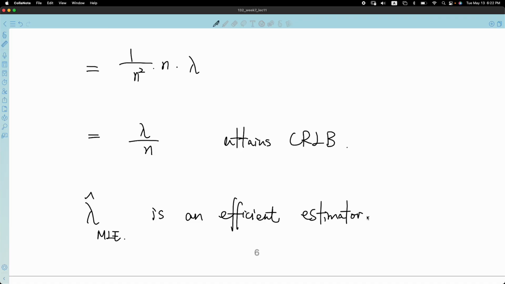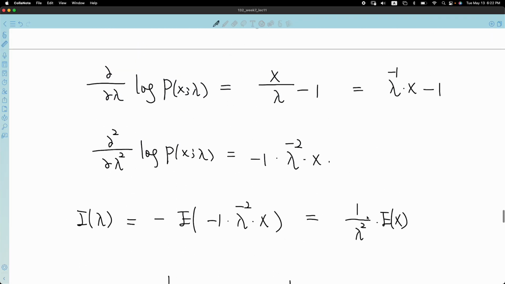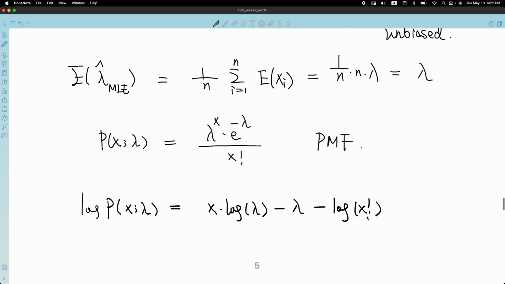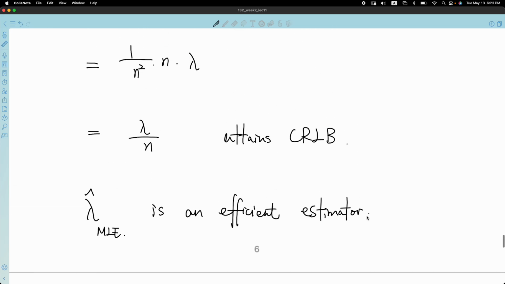An estimator needs to be unbiased first before you discuss whether it's efficient or not. Here we first checked that it's unbiased, so we are able to discuss efficiency. If it is not unbiased, then there's no need to discuss whether it's efficient. Since it attains the Cramer-Rao lower bound, we know that this unbiased estimator is also an efficient estimator.